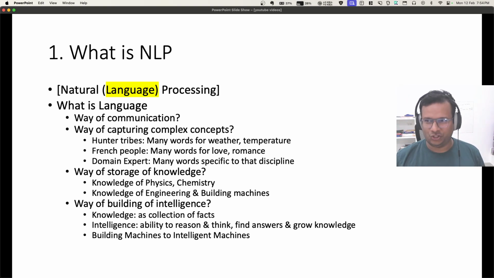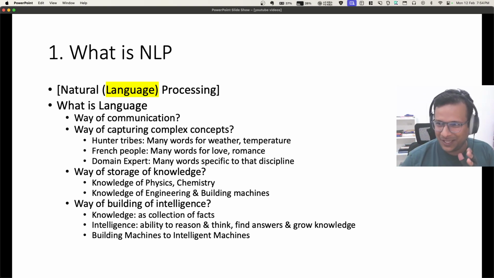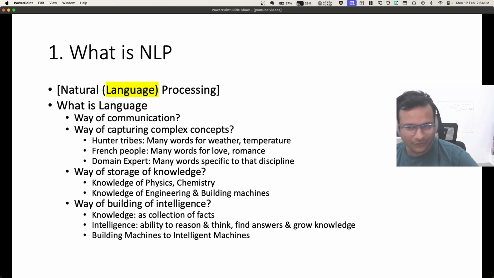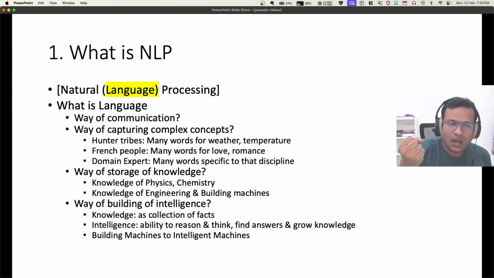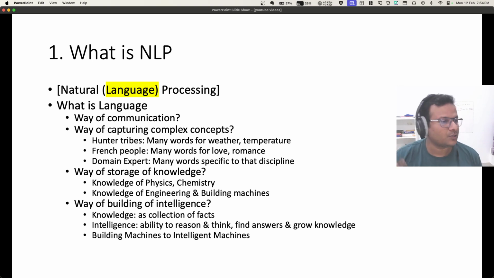So, the language which we speak is very powerful even though we dismiss it. The entire history of humanity, whatever scientific progress has happened, it has happened because of how language stores knowledge, and when enough knowledge has been accumulated, that has led to humanity progressing. So take a look at humanity's history of 70,000 years. We were hunters and gatherers.